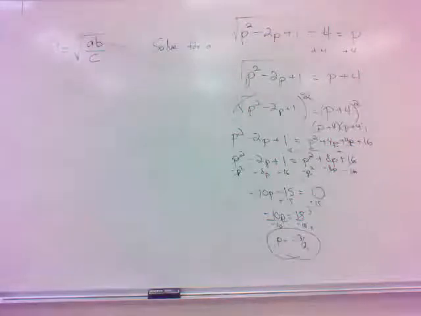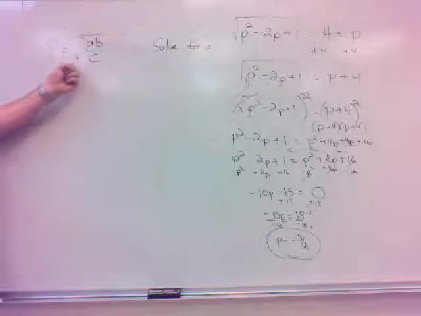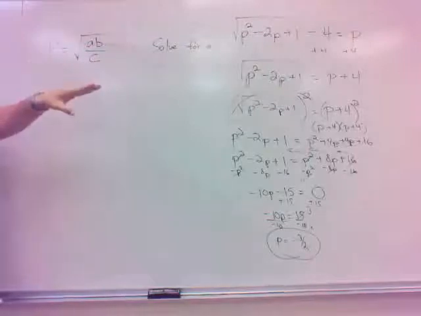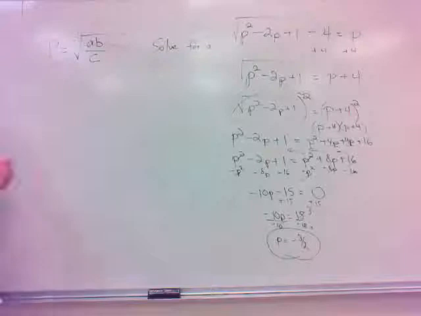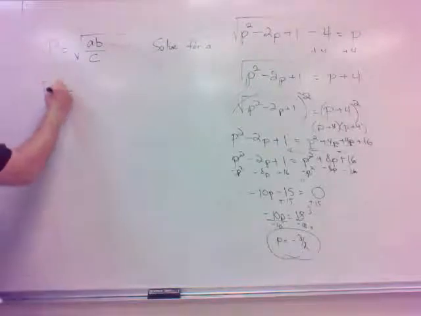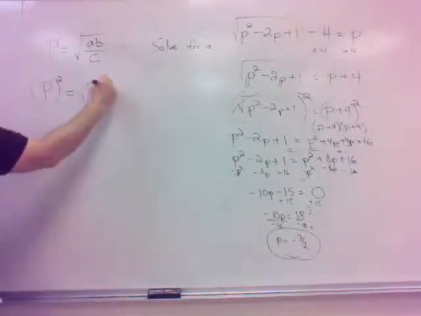Basically moving everything besides the a over to the other side. Well, since it's a square root, the a is under the square root. Wouldn't it be the same technique we're just talking about? Square both sides? Yeah, first step here is to square both sides.